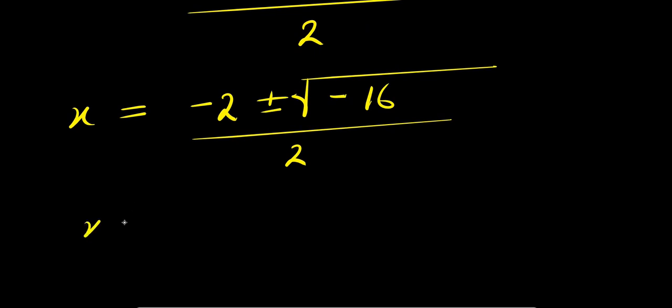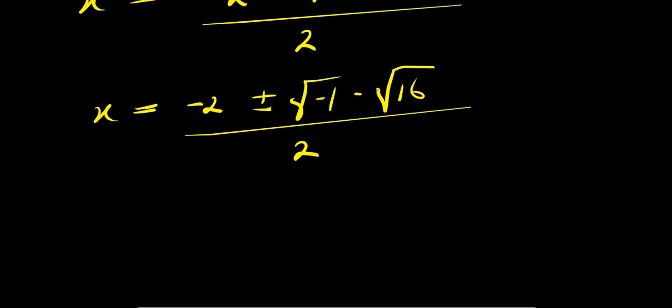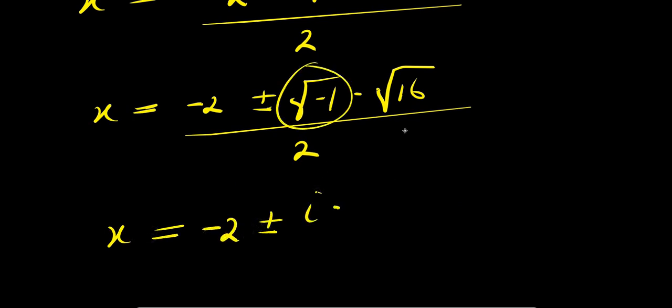So from here, I have x equals negative 2 plus or minus. There's a minus here, so I have square root of negative 1 times square root of 16, divided by 2. From here, I have x equals negative 2 plus or minus i times square root of 16, that is 4, divided by 2.